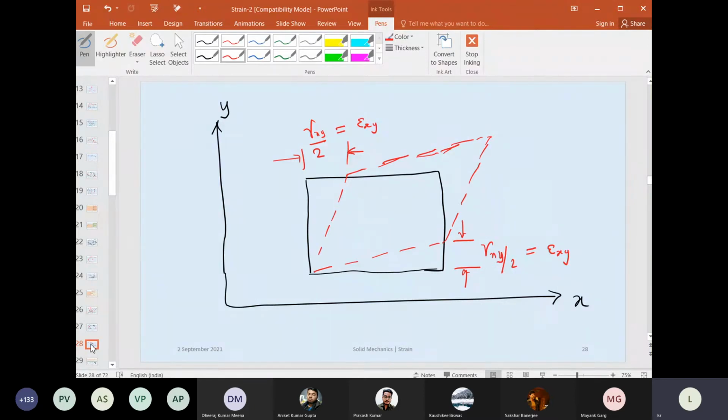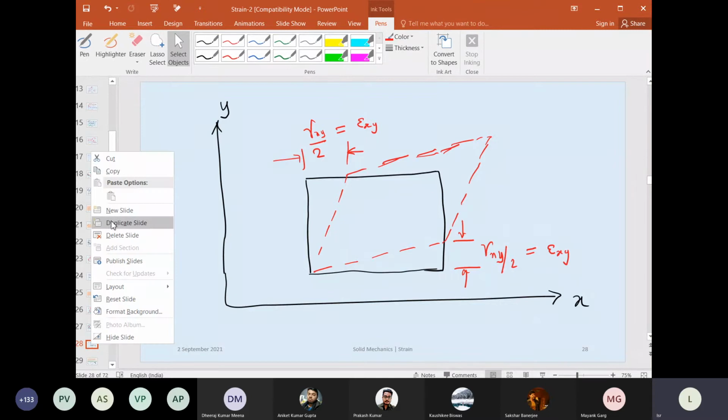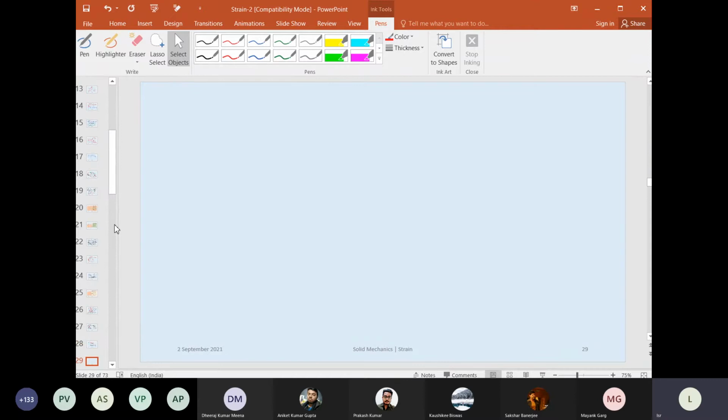So later on you will have the new slide. Our tensor shear strain is what? Epsilon xx, epsilon xy, epsilon xz.